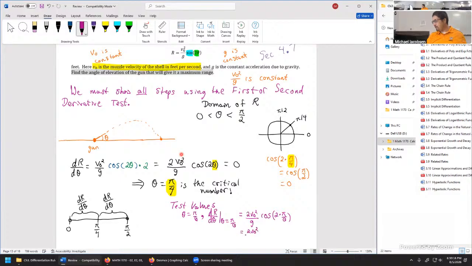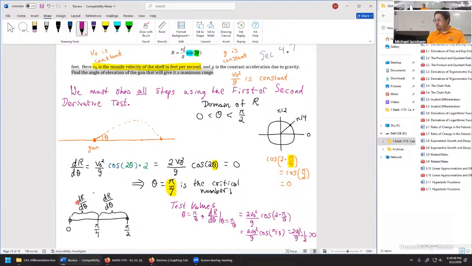Cosine of pi over 3 is exactly 1/2. So this is 2 v naught squared over g times 1/2. It's a big amalgamation of constants, but g, the acceleration due to gravity, is positive. V naught squared is positive as well. So the whole quantity right here is a positive coefficient.